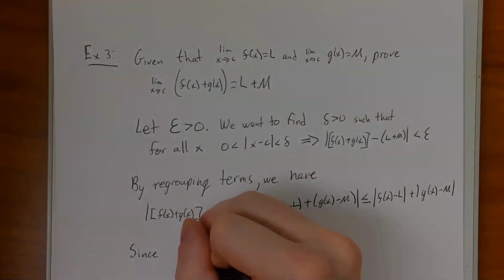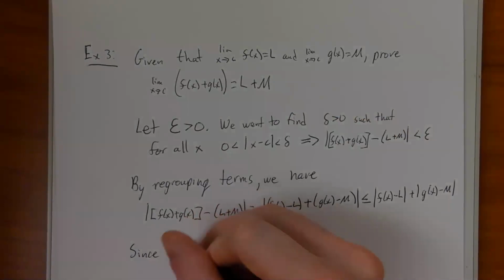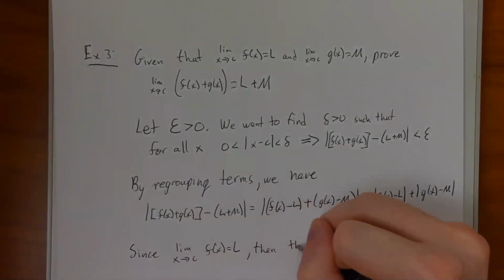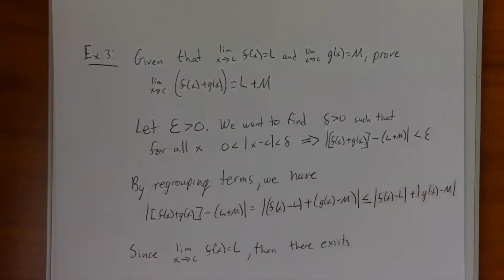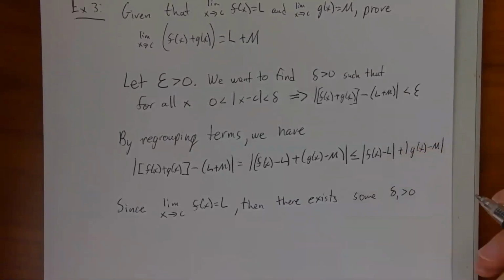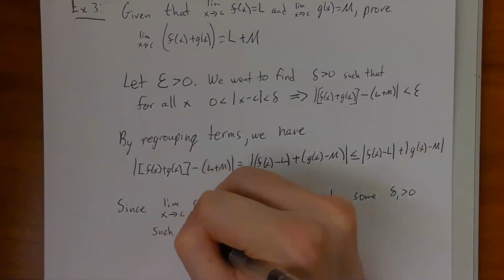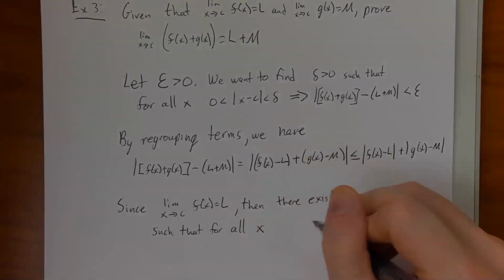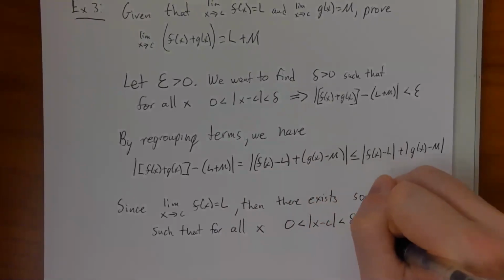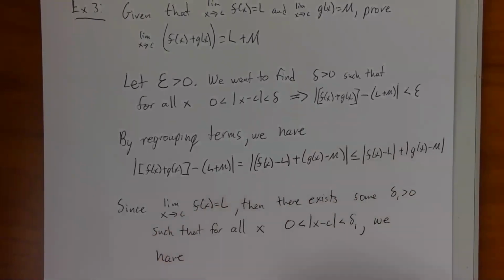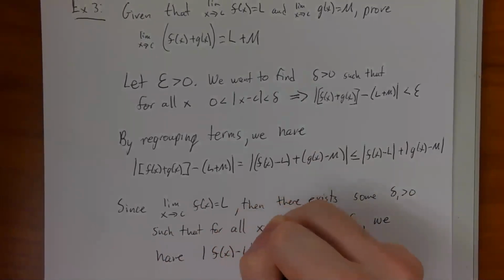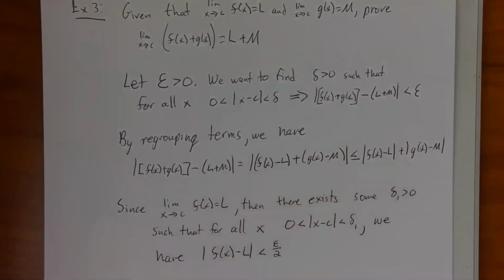So this first statement up here is, since the limit as x approaches c of f of x is equal to L, then this implies there exists some, and we're going to call it delta 1, greater than 0, such that for all x in this interval, we have that the absolute value of f of x minus L is less than epsilon over 2.